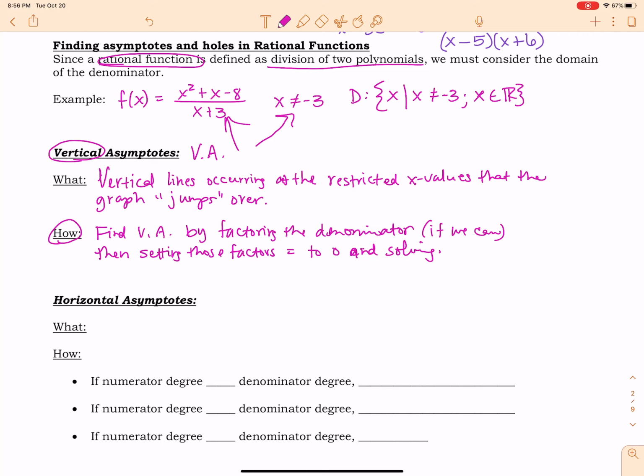All right, so now let's talk about horizontal asymptotes. What are they going to look like? How do we find those? Well, a horizontal asymptote, I'm going to abbreviate that as HA.